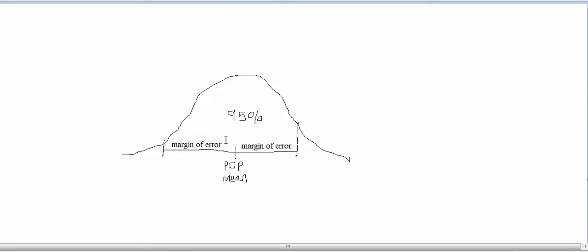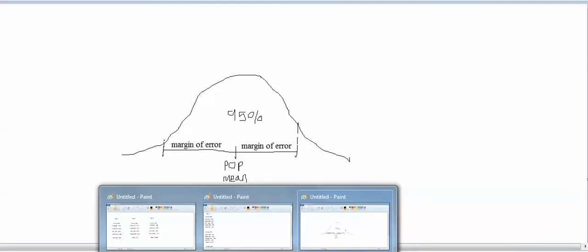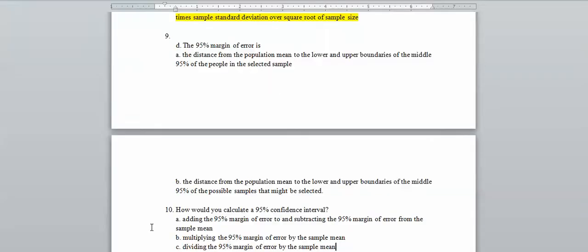So 95% of possible samples are in here, not 95% of people. It's the distance to the boundaries of the 95% possible samples that might be selected, not the people, which is what choice A says.